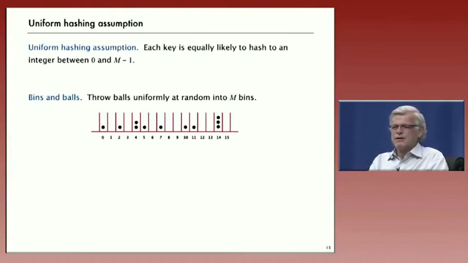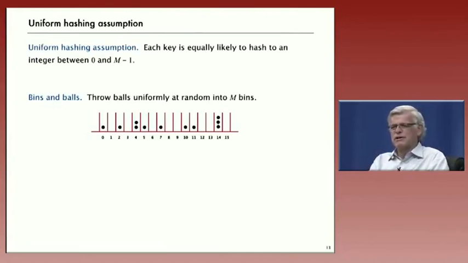So we've got m bins, that corresponds to our hash table, and we have some number of balls, however many keys we have, and we throw them uniformly at random into m bins.